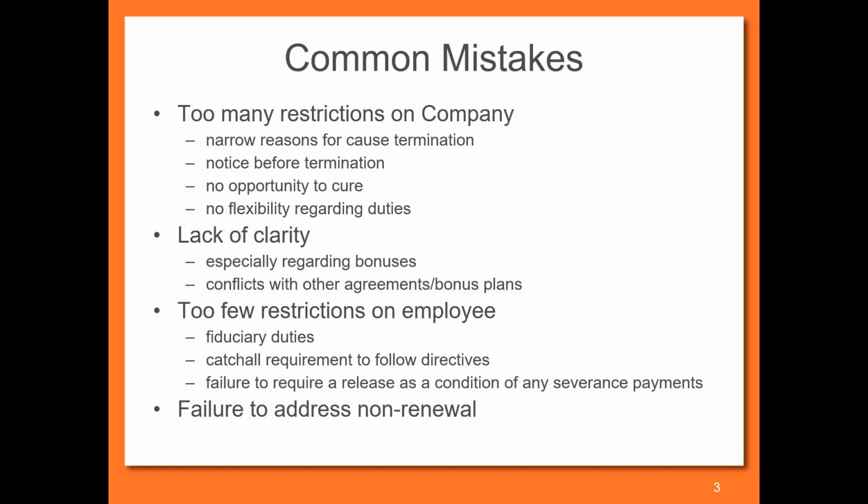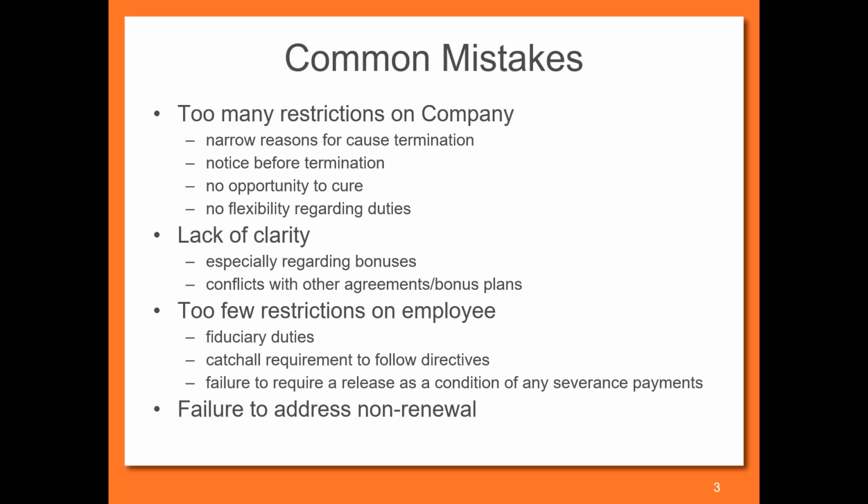Notice before termination: employees would want to negotiate into a contract a narrow cause definition, as well as, before an employer actually terminates for cause, that they be given notice and an opportunity to cure and correct before a termination occurs. Companies would want to eliminate that provision. Employees would want that provision.